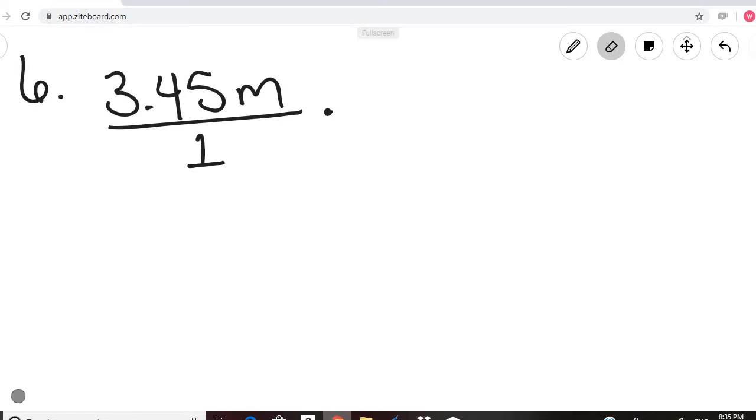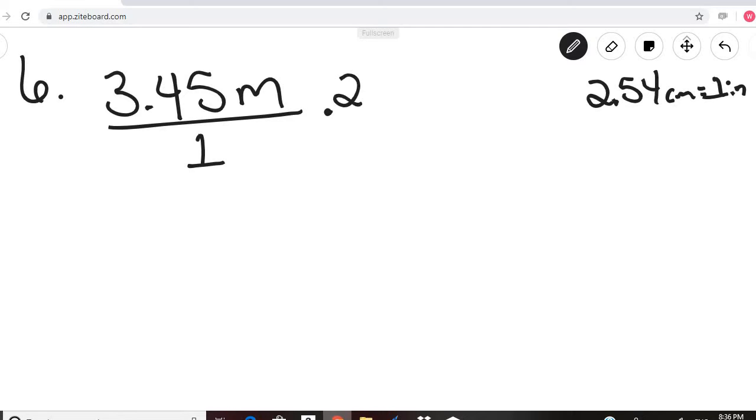So we know that 2.54 centimeters equals 1 inch. Okay, so again, it's a 2-step process. We've got to get meters to centimeters, and then we can go from centimeters to inches.